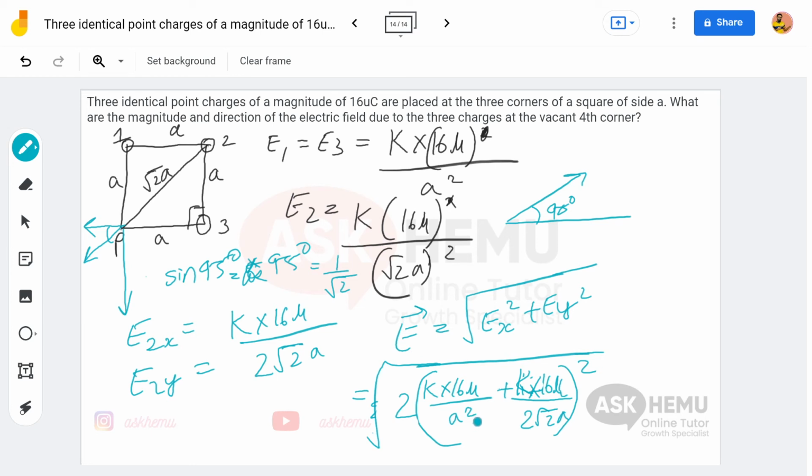Have I lost some of the variables? No, I haven't. There is still an a squared in the denominator, which I missed out, so the a squared still remains here. I can take the k into 16 microcoulomb by a squared term outside because it's common. So it's just going to be 1 plus 1 over 2 root 2, all under a square root.